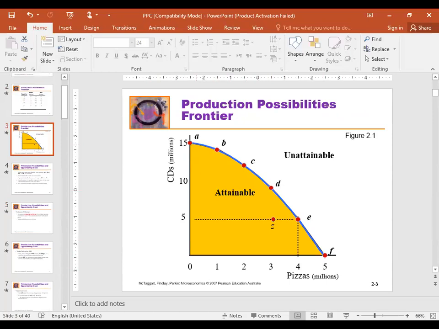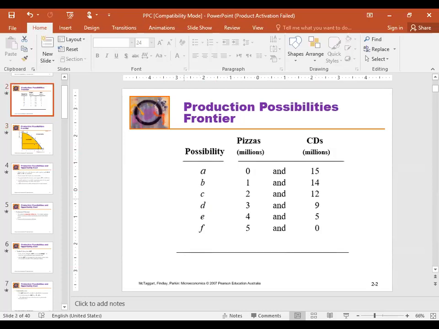So if you're at point A, you're using all your resources to produce 50 million CDs while producing zero pizzas. If you move to point B, you're producing less. If you look here, we're producing 1 million pizzas, but we're producing 14 million CDs.